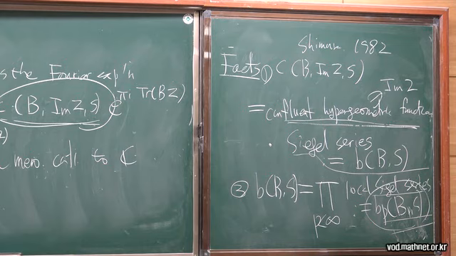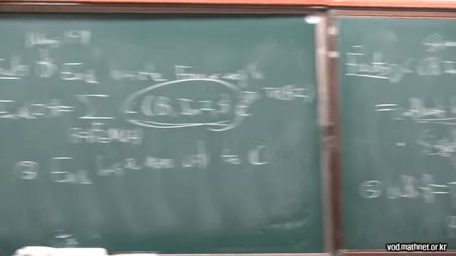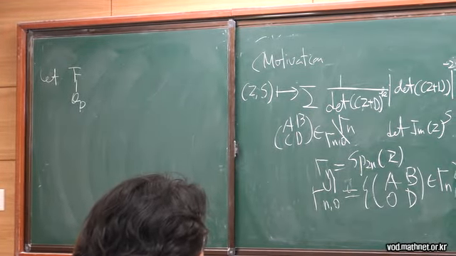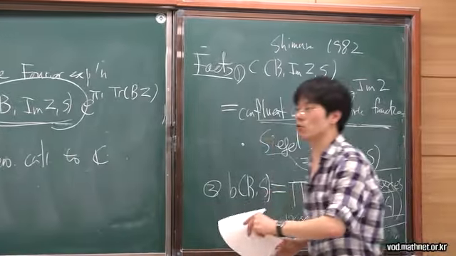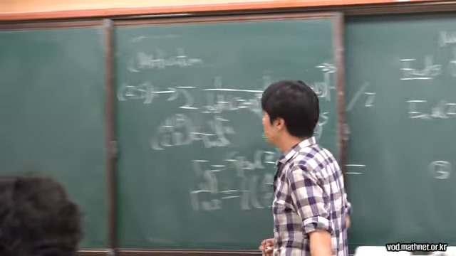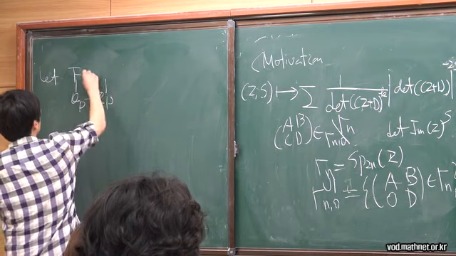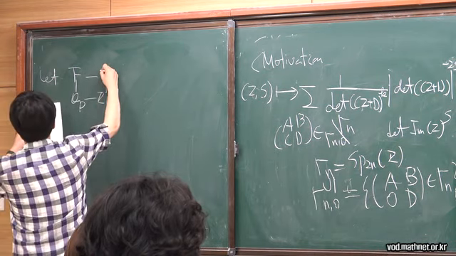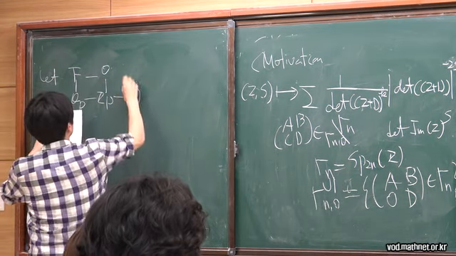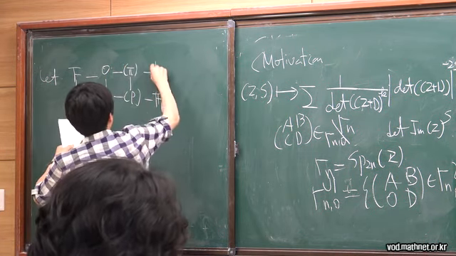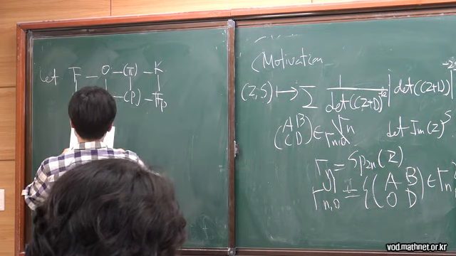So to do that, let me fix the notation. Even though I started from Z and a certain matrix defined over Z_P, this theory works for any extension of Z_P, including 2. O is the ring of integers, pi is a uniformizer, and kappa is the residue field.